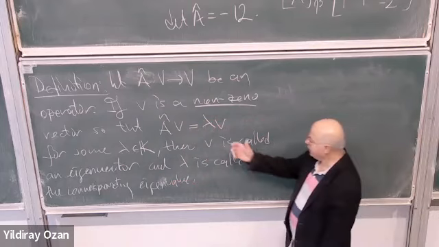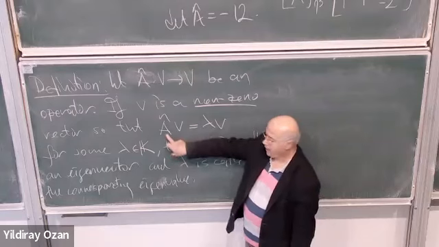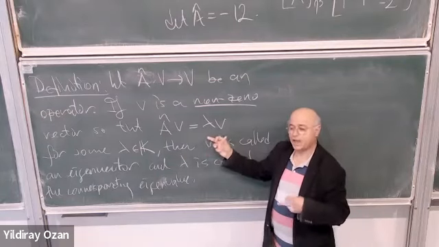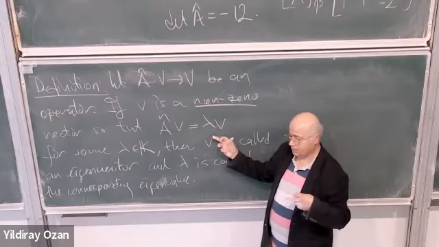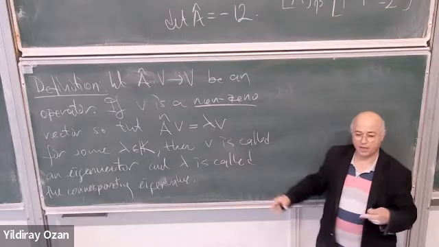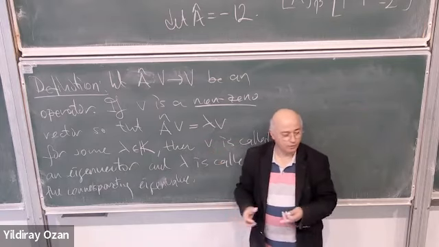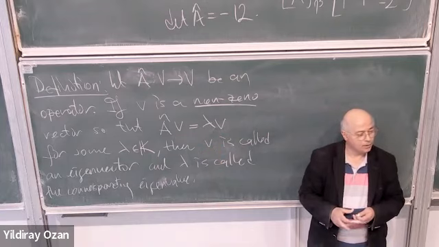So what's an eigenvector? It's a vector so that A hat acts on it as scalar multiplication. It just sends this vector to a scalar multiple of that vector. Okay.